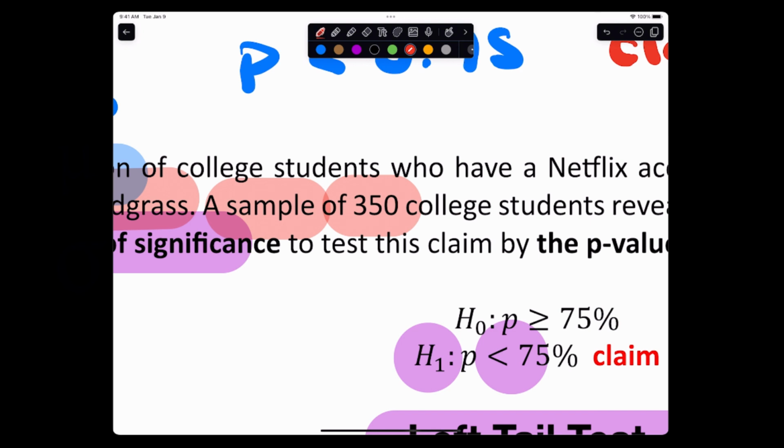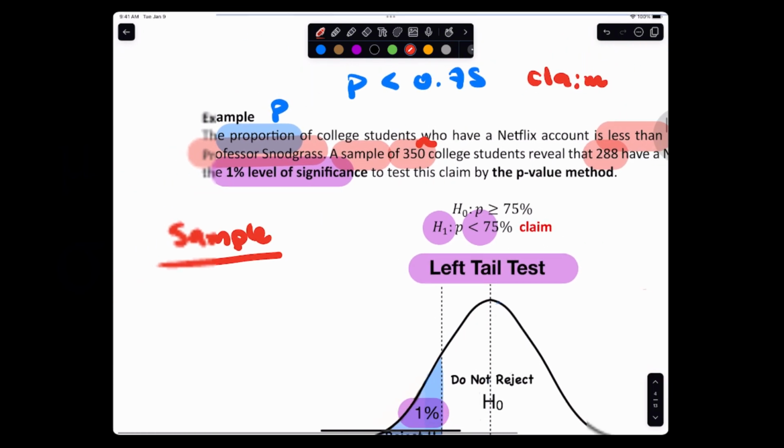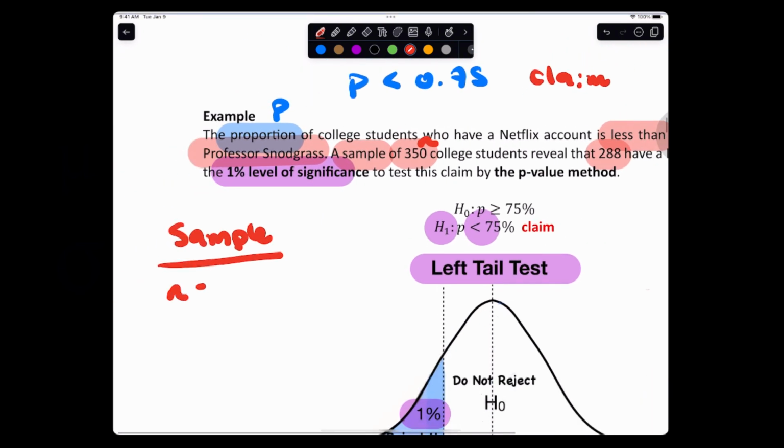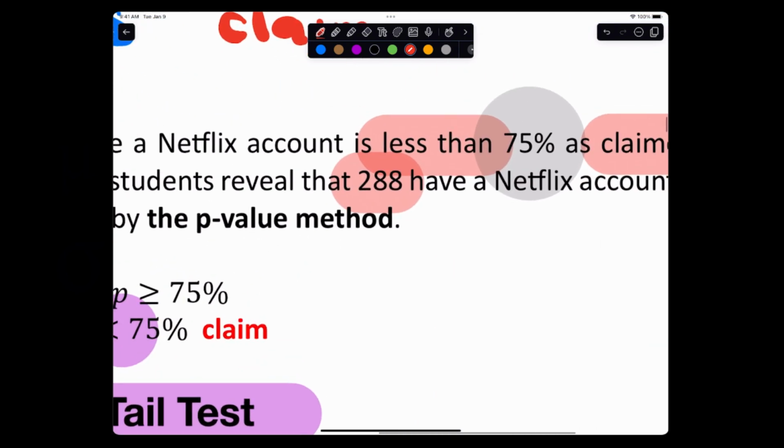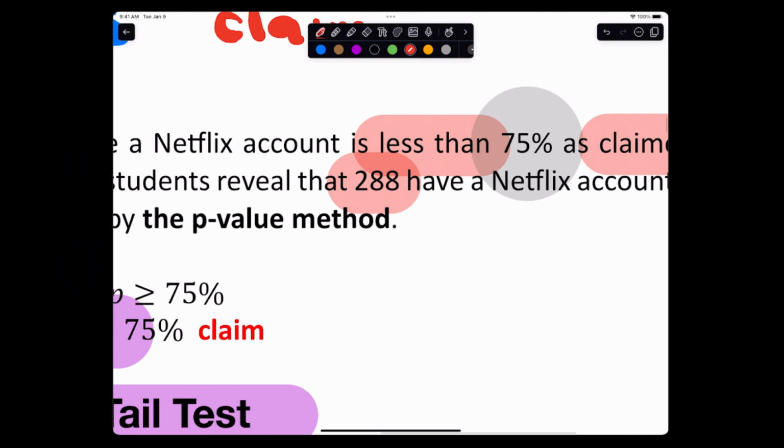What does that mean? Yeah, that's a sample size. Good, thank you. Outstanding. Your sample size is what? N, 350. And of the 350, how many have a Netflix account? So that's X, 288.